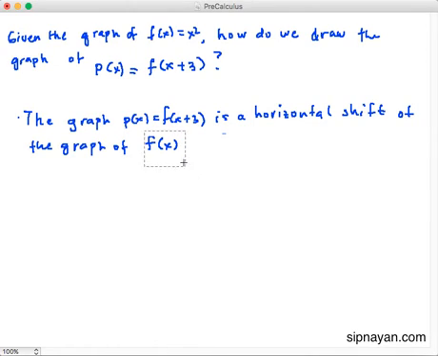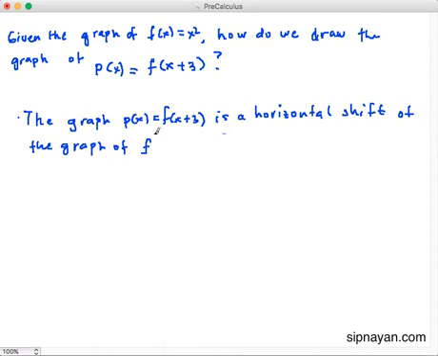F lang, no? Baka malito kayo, yung f, yun yung name ng function. Yung f of x, yun yung value niya. Kaya kung pag sinabi mong shift of the graph of f, dapat f siya, hindi f of x. Kasi yung f of x is the y value at x, no? So, ito yung name ng function.